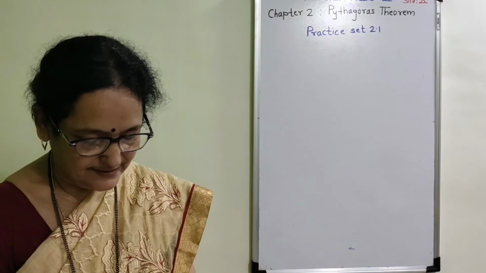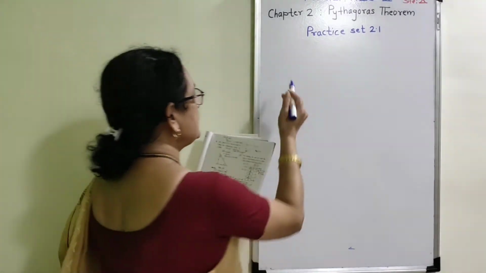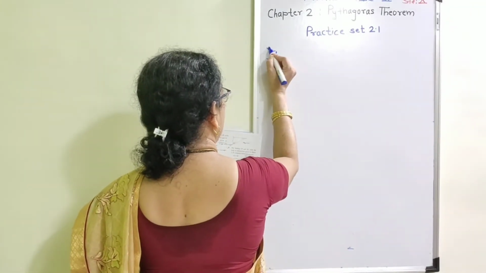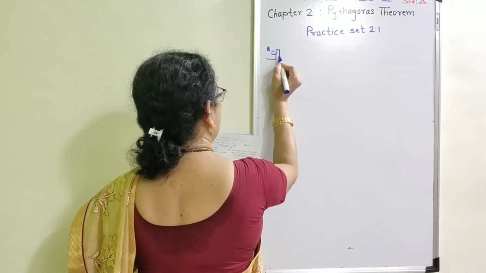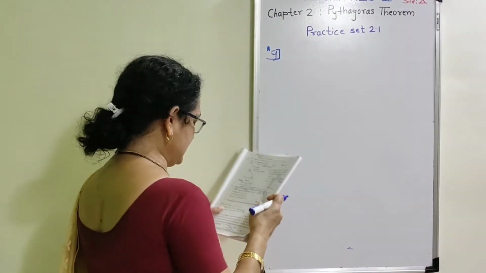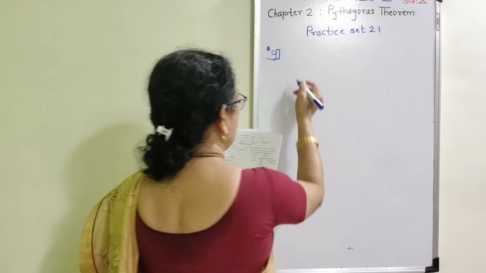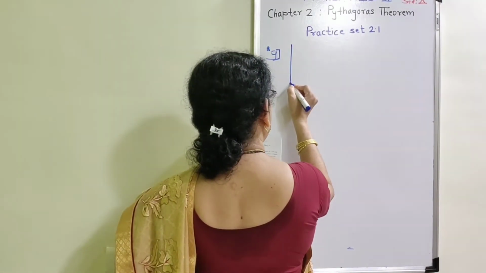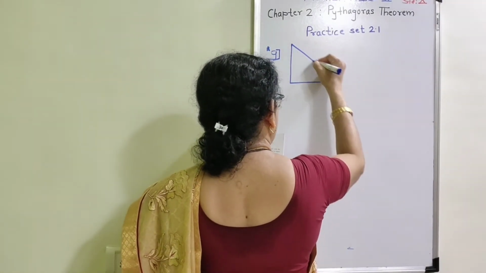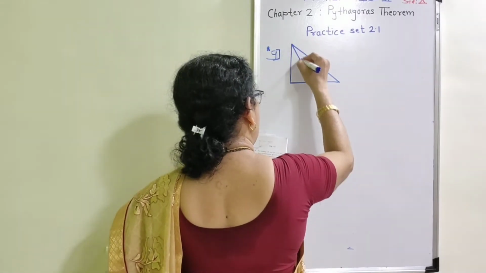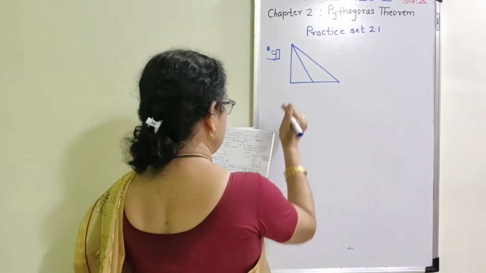Apply Pythagoras theorem. Now there is a small star here for example number 9. Please remember that for some examples they have given a star, because we consider those to be higher order thinking examples.